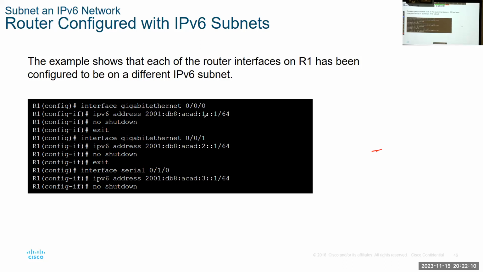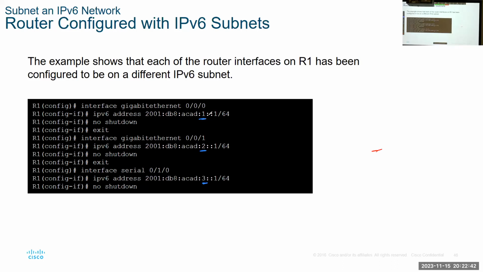Yeah, so that's the subnet field right there. That would be a simple way to configure your interfaces on a router. This is the globally unique prefix that NetCAD uses in all of its examples. The first 48 bits are that 2001:DB8:ACAD, and then the next 16 bits is the subnet.